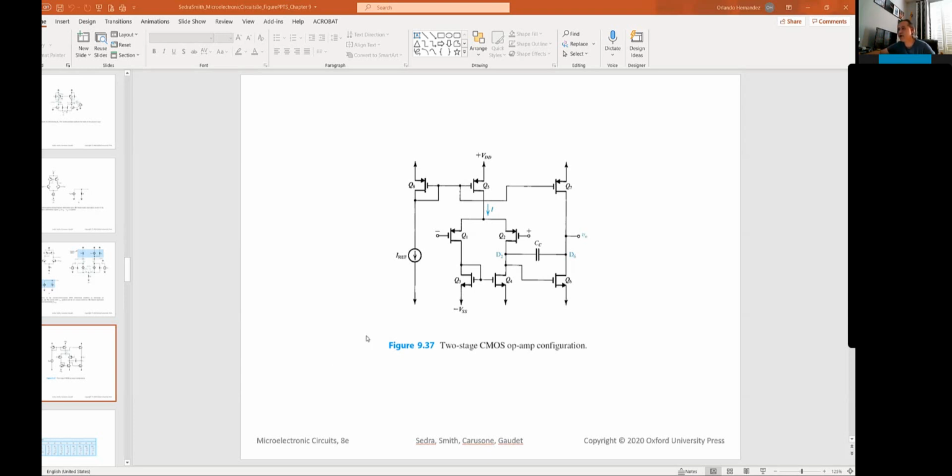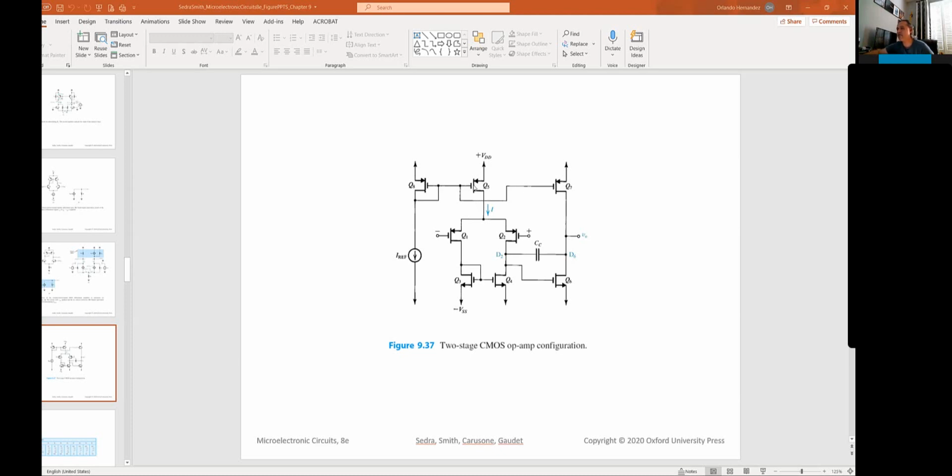Okay, so here you have your single bias current at the top on the P channel network. So I know that you've been used to seeing the current source at the bottom, but these topologies are symmetric. You can flip them from N to P and vice versa.